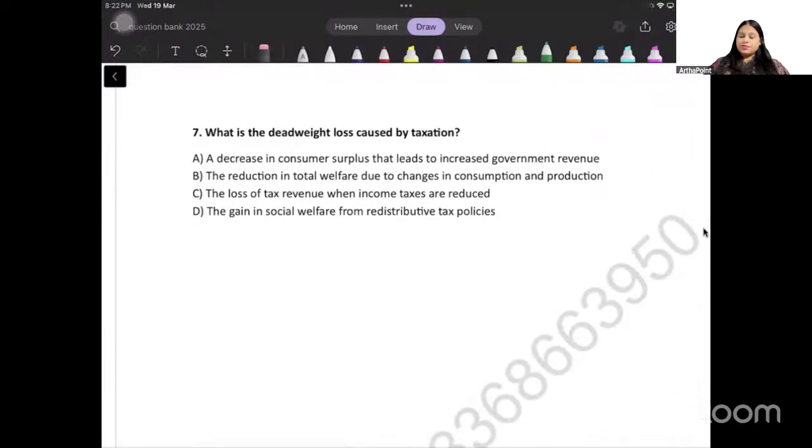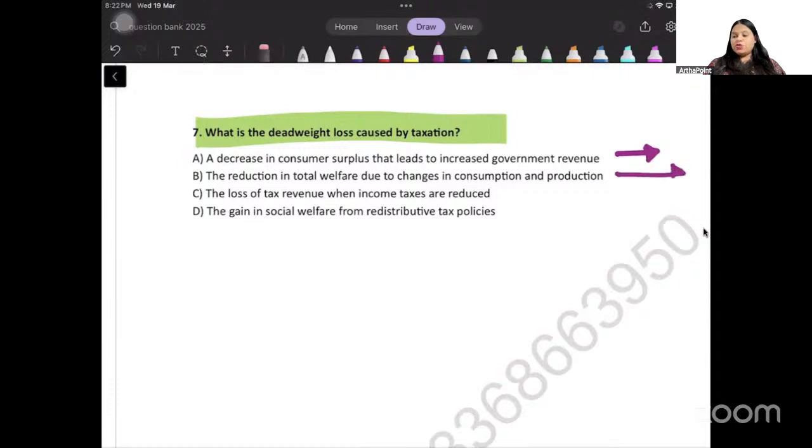Question number 7. What is the deadweight loss caused by taxation? Decrease in consumer surplus that leads to increased government revenue, reduction in total welfare due to changes in consumption and production, loss of tax revenue when income tax are reduced, gain in social welfare from redistributional policies. What is the deadweight loss caused by taxation?